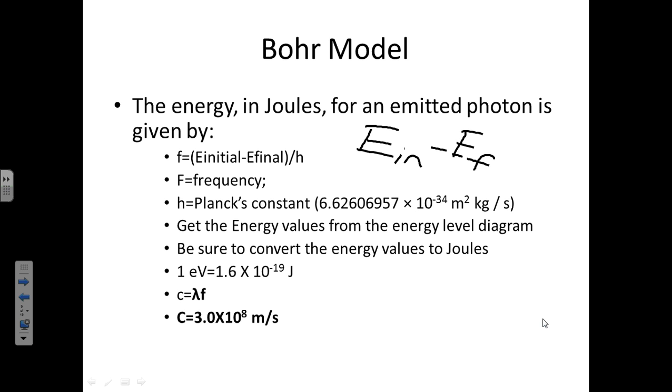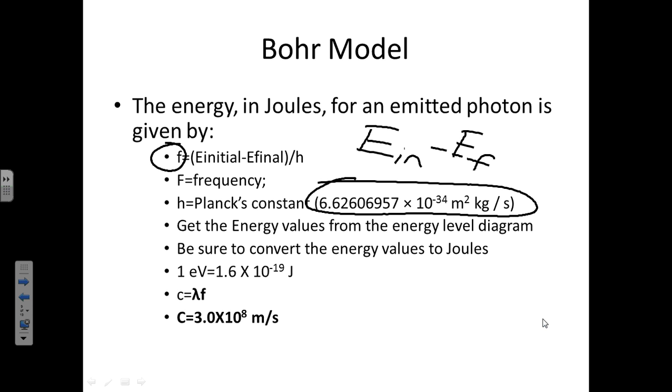Up here, here's something else we can calculate. A little f tends to stand for frequency. We can calculate the frequency of light given off by using this equation. Energy initial minus energy final, all divided by little h. And little h is Planck's constant, which is this number right here.